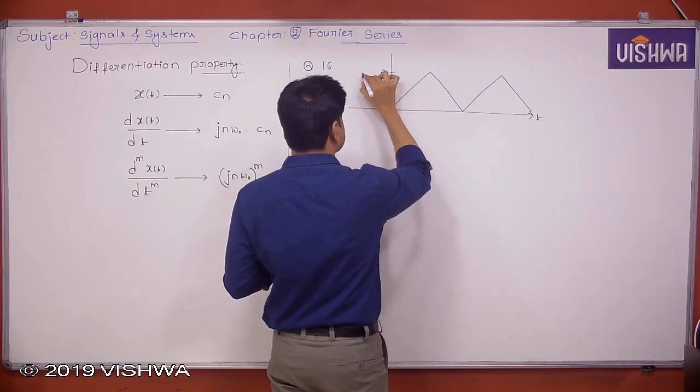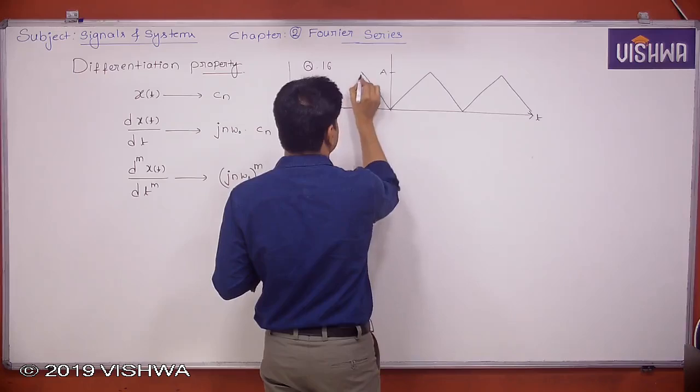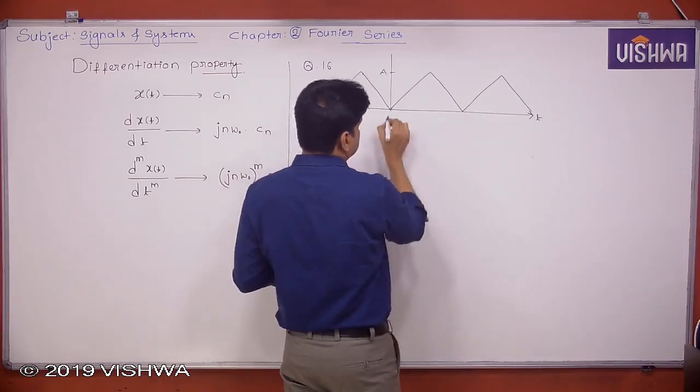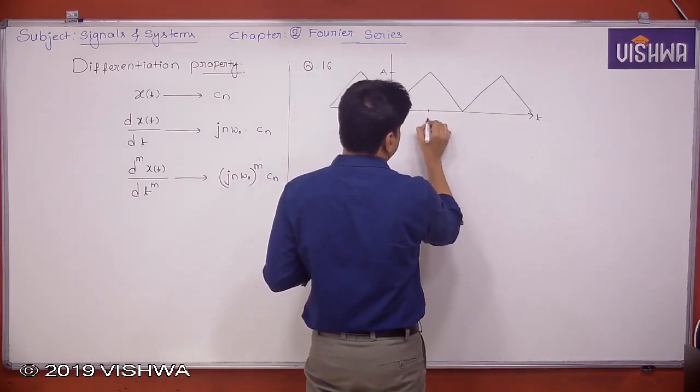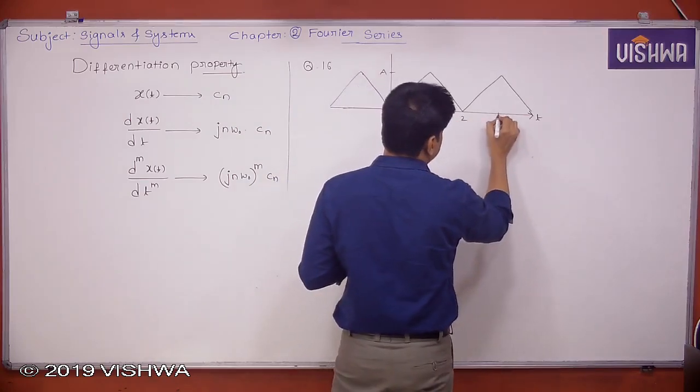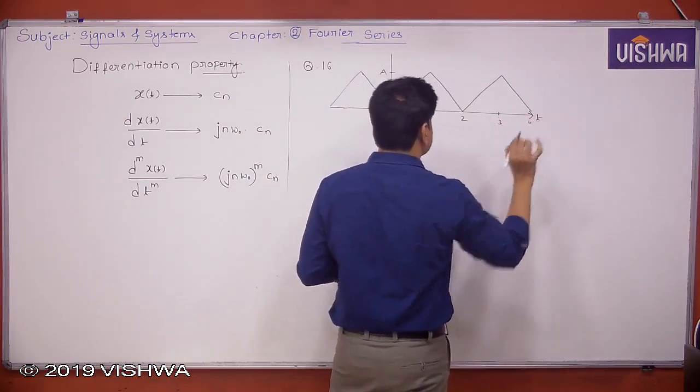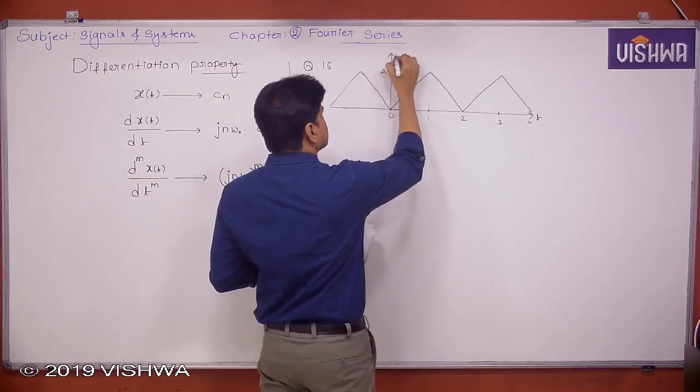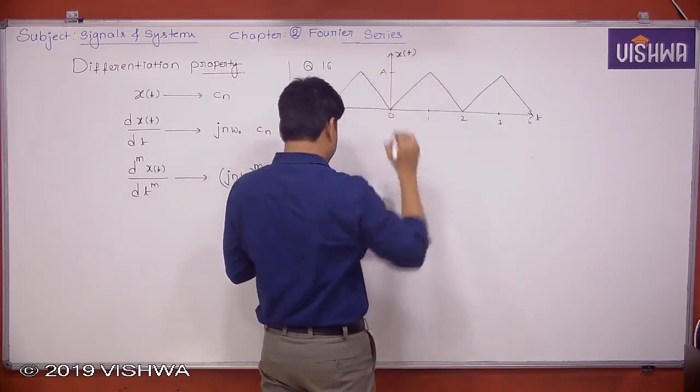It will be like this: zero, 1, 2, 3, 4, like that. This is x of t.